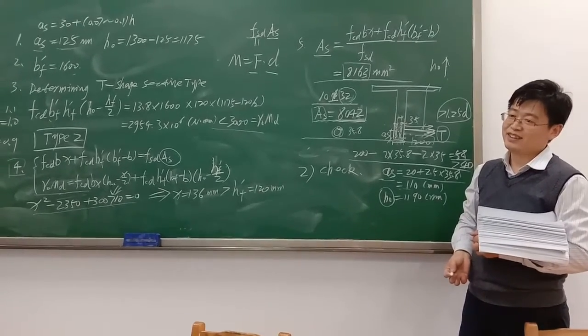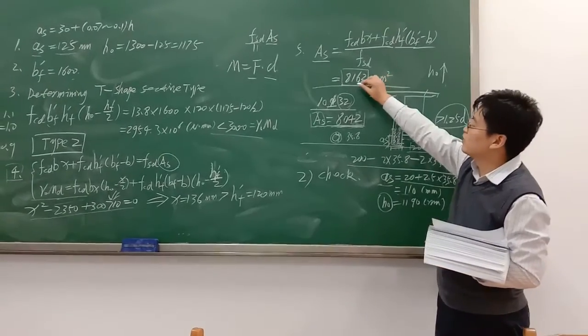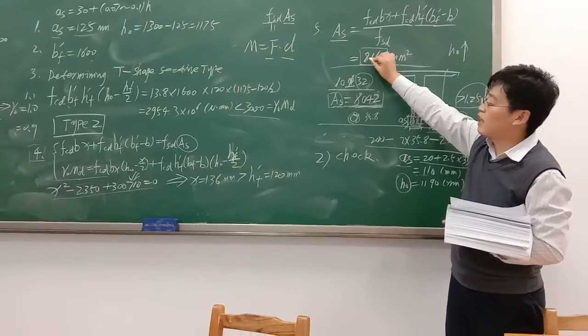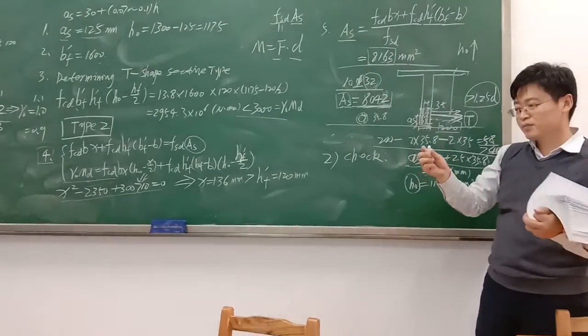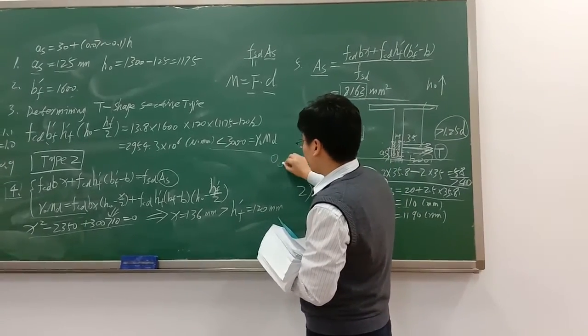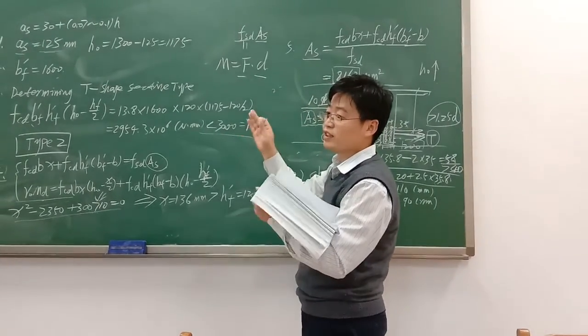So get it? Suppose you got this value, normally it's good if it's larger than this value. But because the diameter is normally fixed, 22, 24, 26, that means the area is fixed.